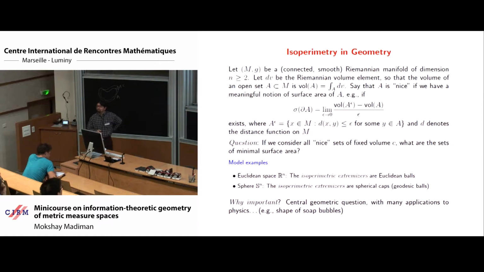Yes? Are the British Isles a nice set or not? Take the limit, and no. It's not nice because the boundary is long.